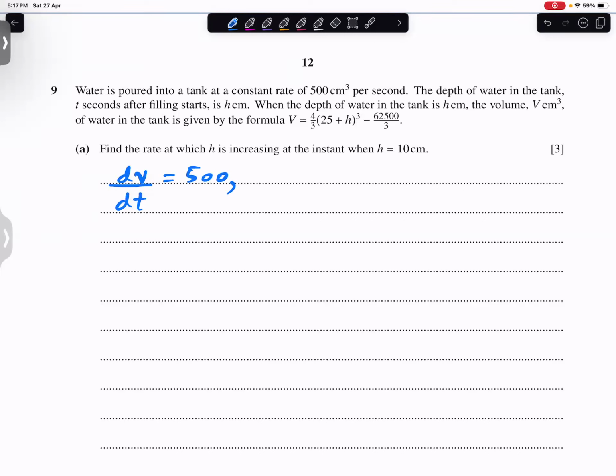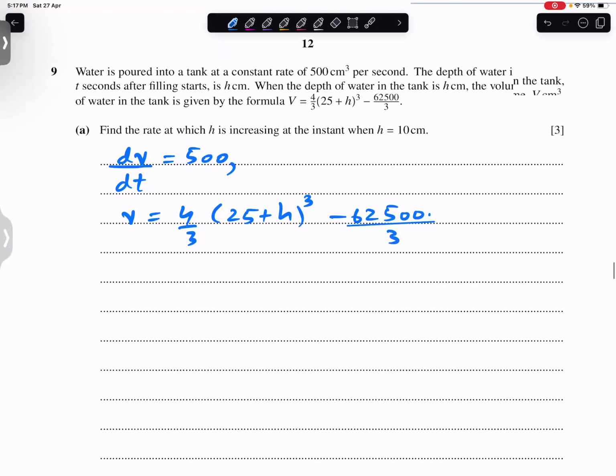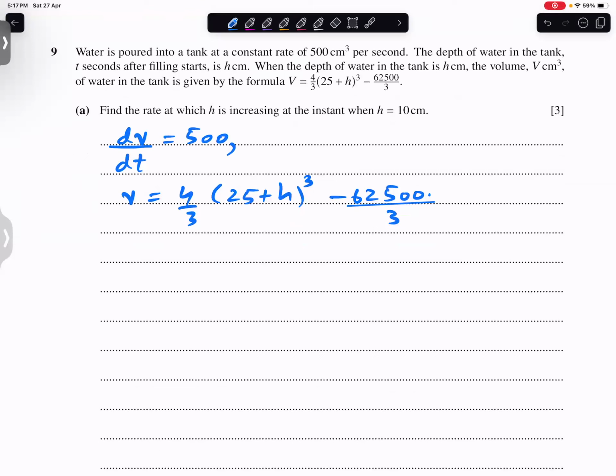When the depth of the water in the tank is h, the volume V of the water in the tank is given by the formula: V equals 4 by 3 times (25 plus h) whole cube, minus 62500 divided by 3. Find the rate at which h is increasing. So you need to find dh over dt.